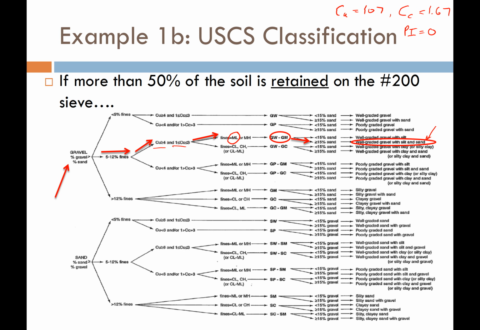So right off the bat, when you say well-graded gravel with silt and sand, I know that I have a predominantly gravel that shows well-graded properties with between 5 to 12% silt-behaving fines and more than 15% sand. All of that in a name. Now that's pretty efficient and pretty powerful if you ask me.